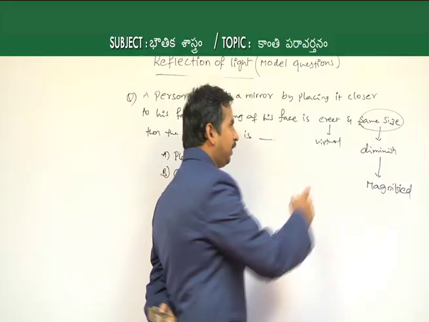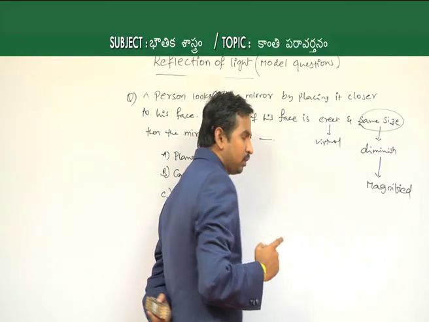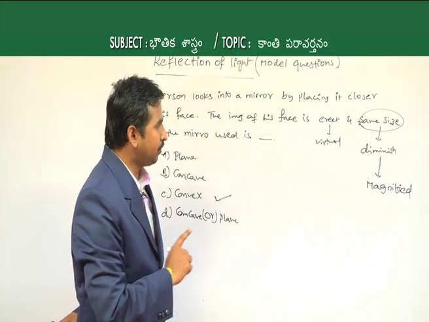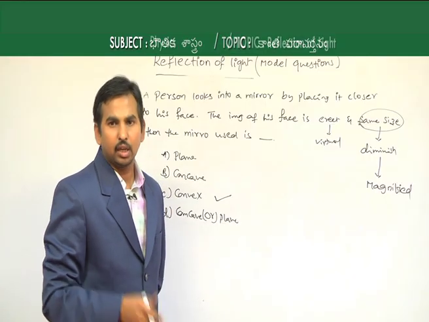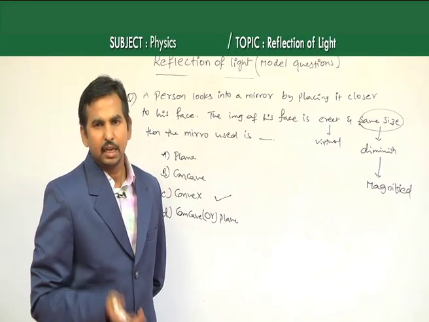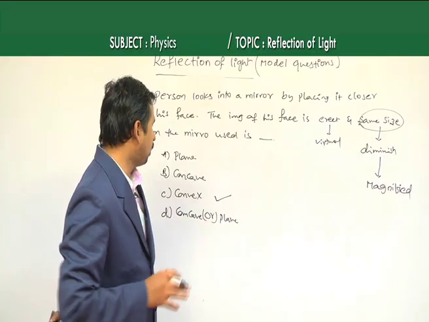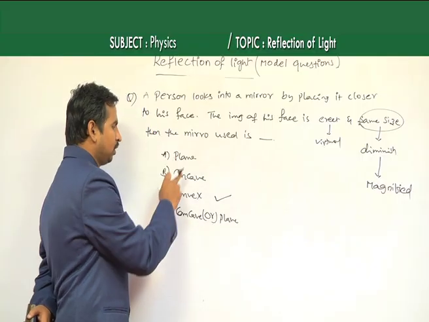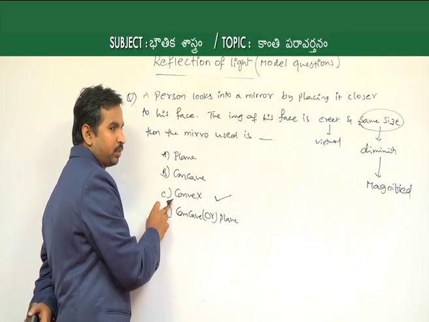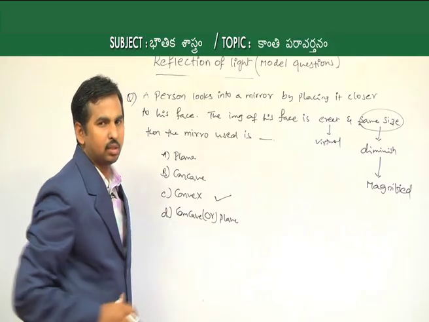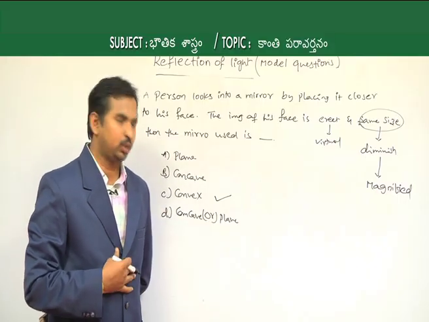If it is erect and diminished, that is a convex mirror. Now given erect as well as magnified, erect images can be formed by a plane mirror, a concave mirror, and a convex mirror, because in all three cases virtual images are possible.